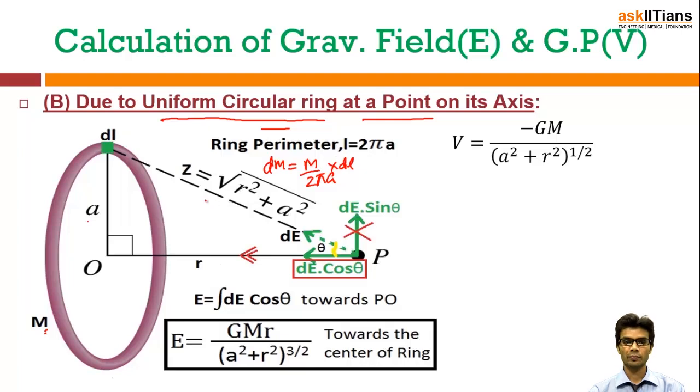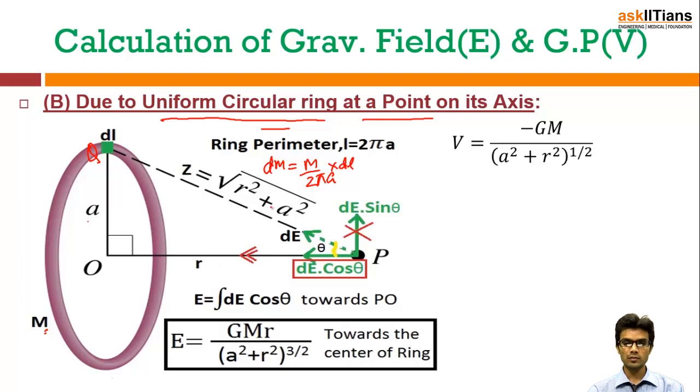Let us consider OP, and take this point as Q. Here OQ is equal to a and OP is equal to r. So for this right angle triangle OPQ, the hypotenuse z is equal to under root r square plus a square.